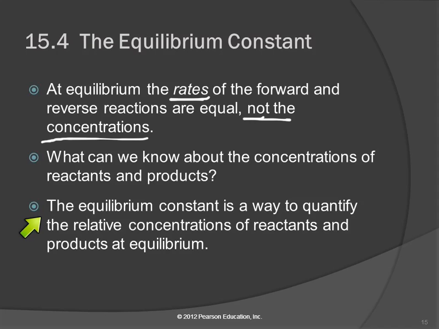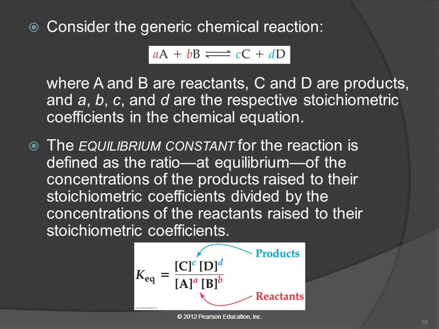There's something called an equilibrium constant that allows us to quantify the relative concentrations of reactants and products at equilibrium. So if we consider a generic chemical equation, lowercase a represents the coefficient of reactant A, and lowercase b the coefficient of reactant B. This is a reversible reaction and it's forming C and D, and these also have coefficients.